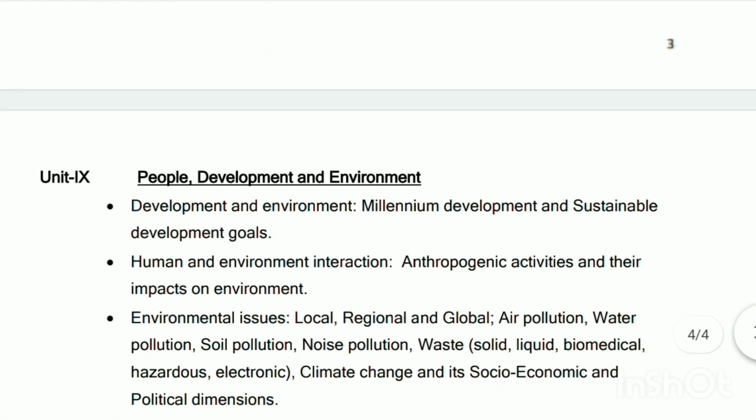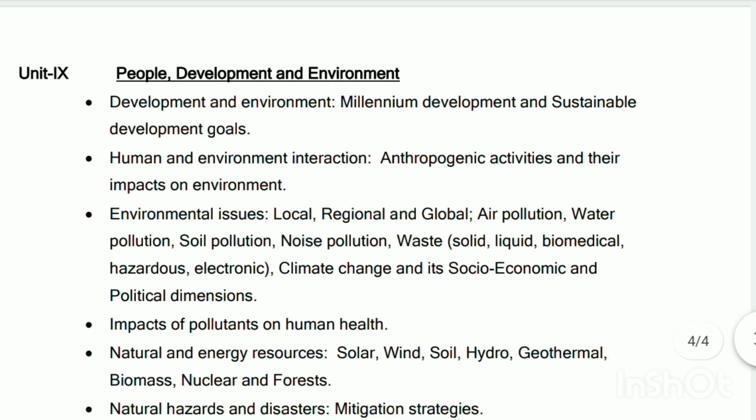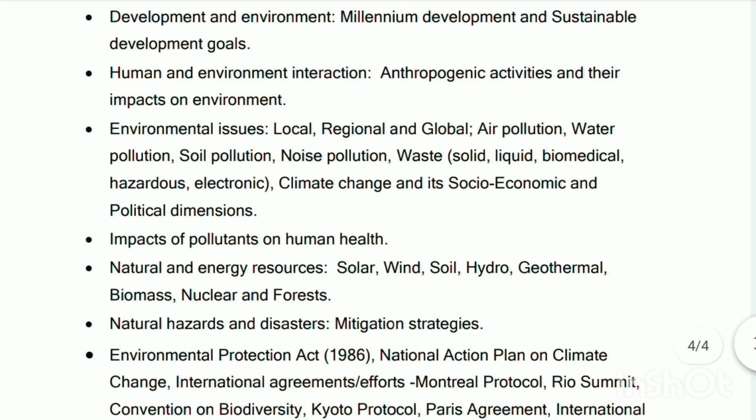Unit 9 is about people, development and environment. Development and environment, millennium development and sustainable development goals. Human and environment interaction, anthropogenic activities and their impacts on environment. Environmental issues: local, regional and global.